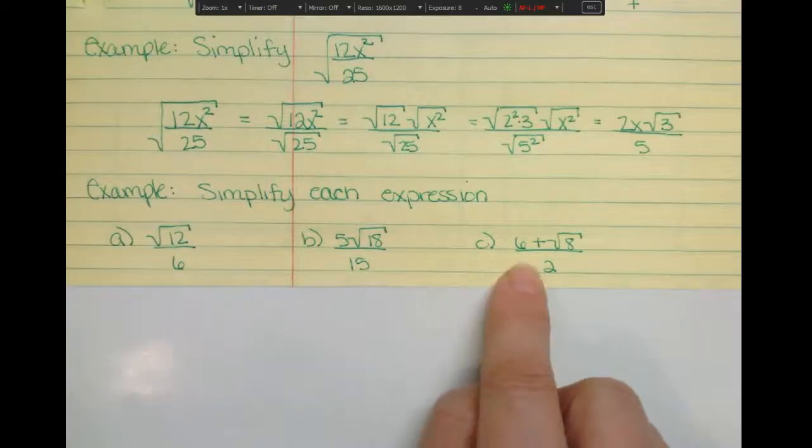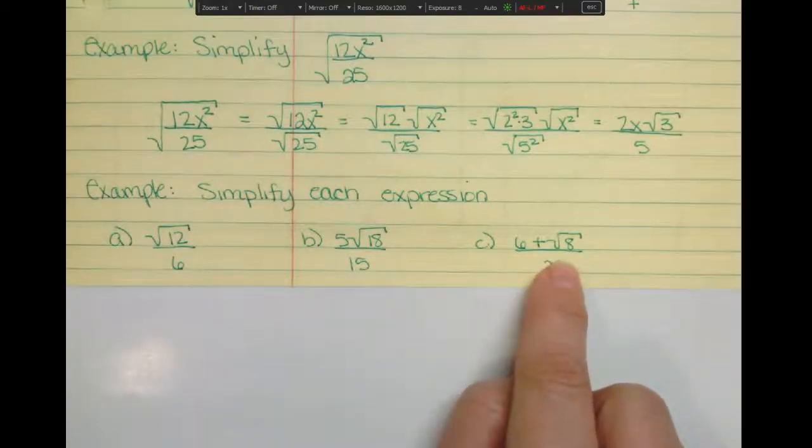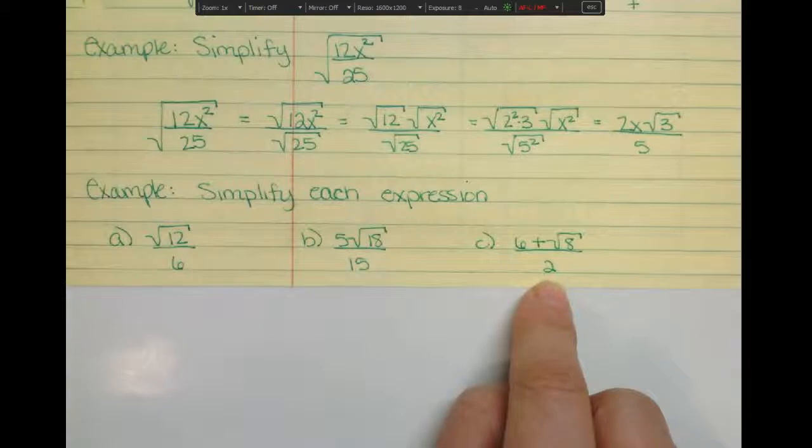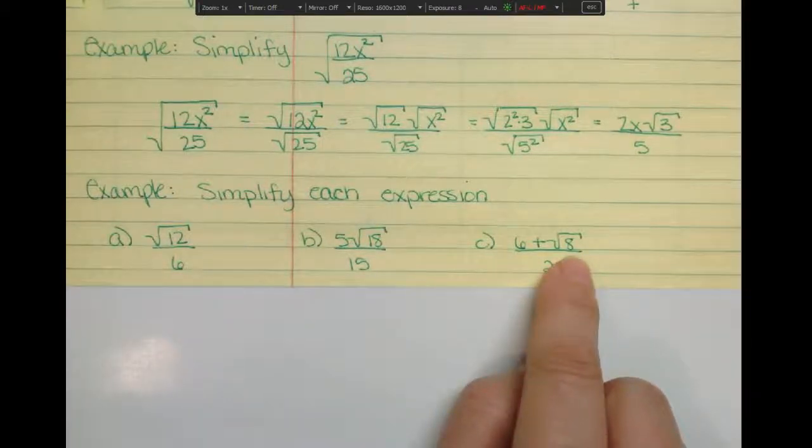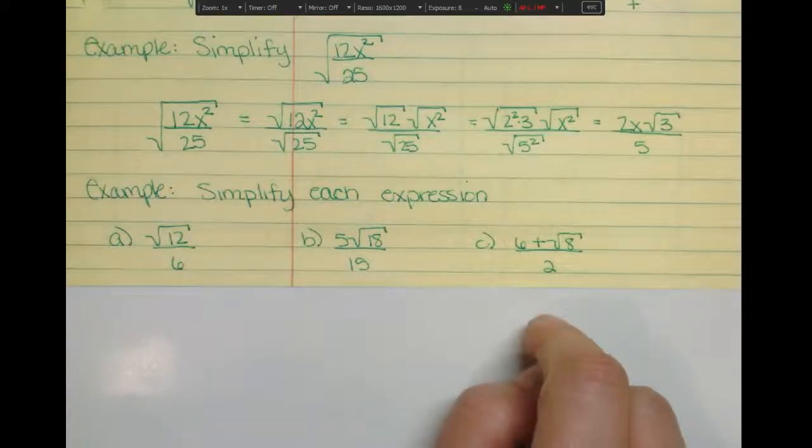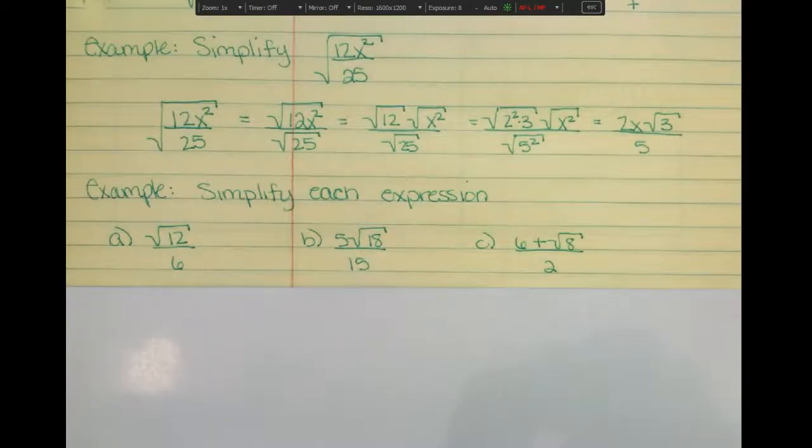And the last problem is 6 plus the square root of 8 all over 2. Now you may need to go back to lecture video 8.2 to remember that not only do you have to simplify the radical, but in the numerator you need to find the GCF before you start reducing with the denominator. So I'll leave those to you, and please bring them in the back next class session.